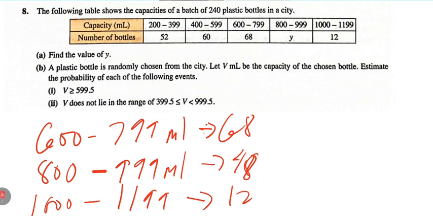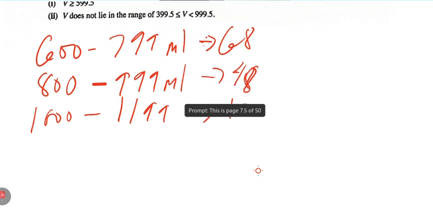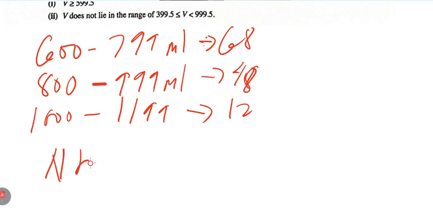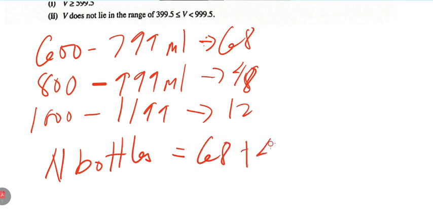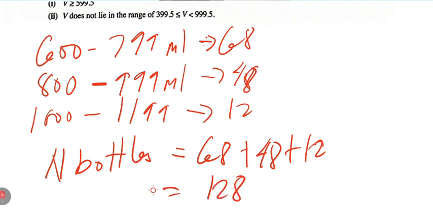Since we're going to calculate the outcomes, let's add all of them together. The total number of bottles n equals 68 plus 48 plus 12, and that gives us 120. So that's the total for the bottles.